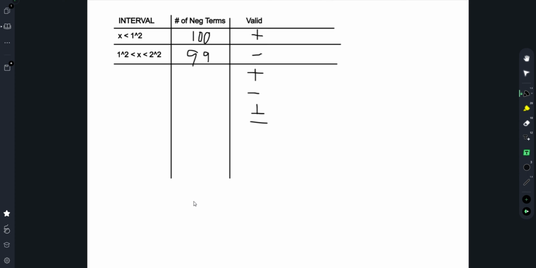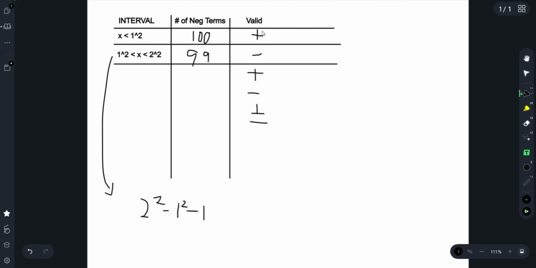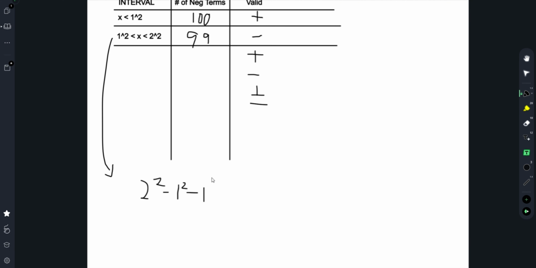So what we can do is, the number of integers in this interval, not including 1^2 and 2^2, is 2^2 minus 1^2 minus 1. We can see this because the only integers are 2 and 3, and 4 minus 2 is 2. And we can try for the next one.